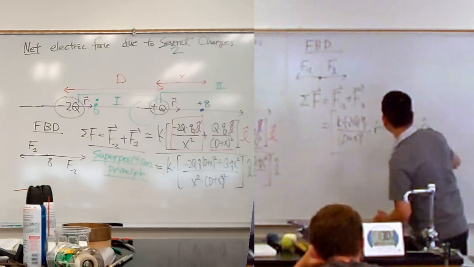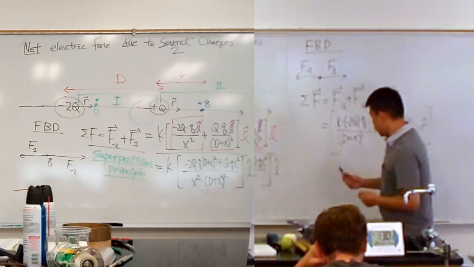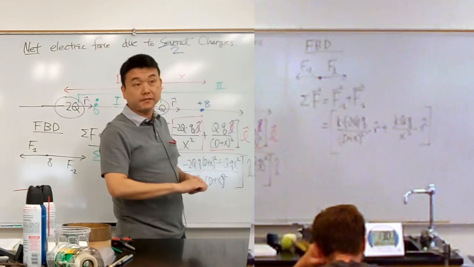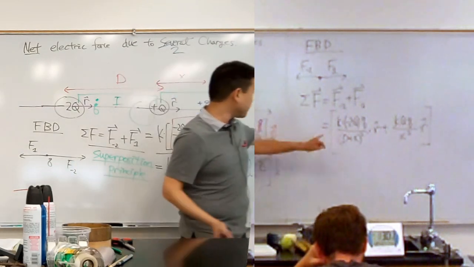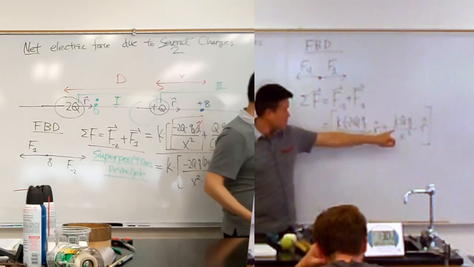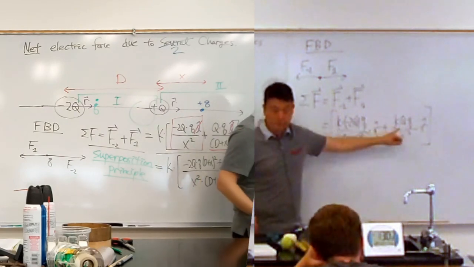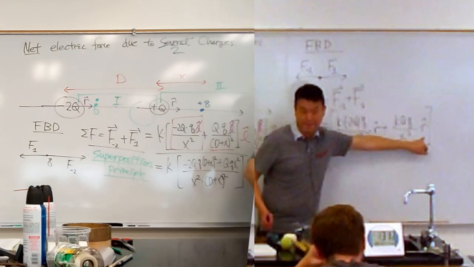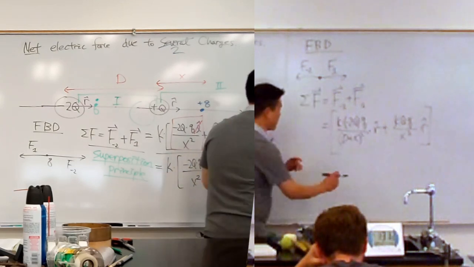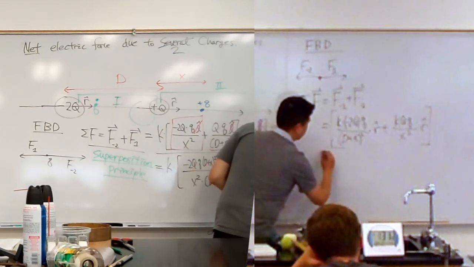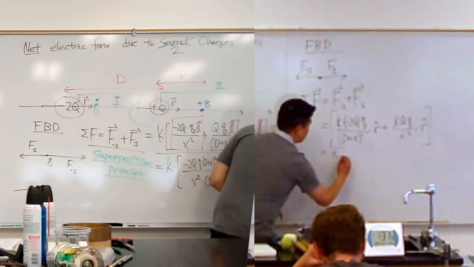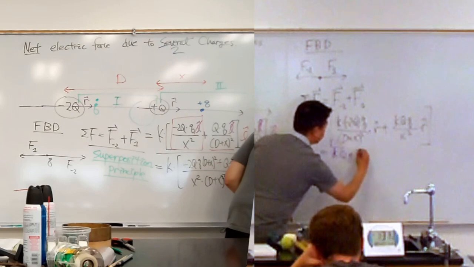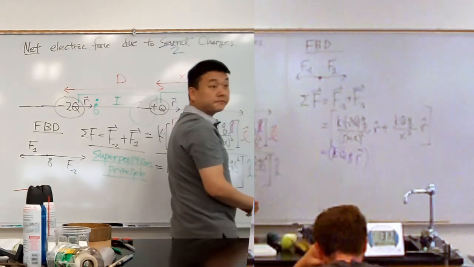Let me factor out all the constant things so that I don't have to keep rewriting them. It's annoying having to write them all. There's K in both of them. There's big Q in both of them. Small lowercase q in both of them. There's R hat in both of them. Okay? So let me write down a version of the expression with all those factored out. K, Q, q, R hat. That's all the common factors.